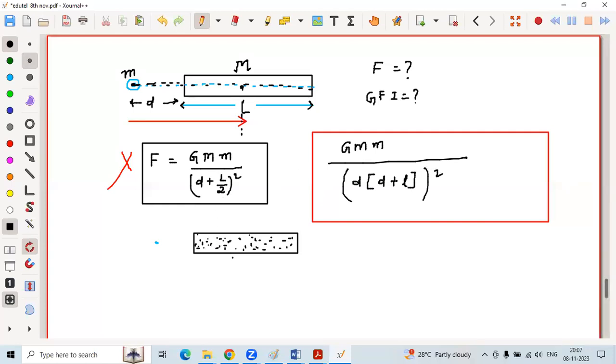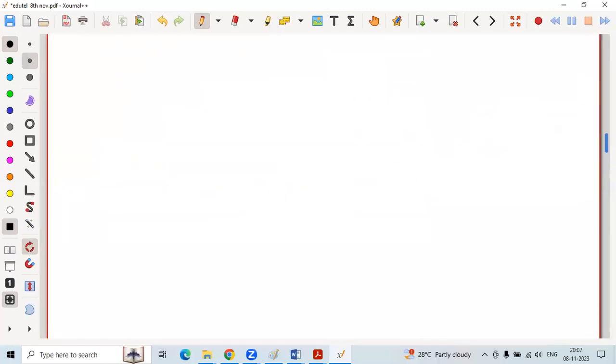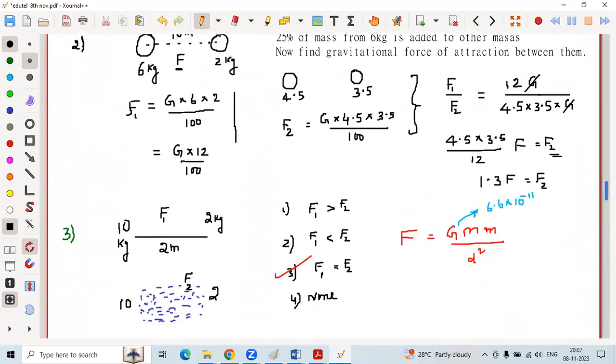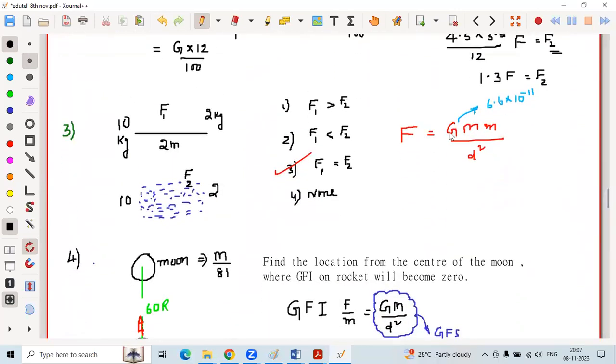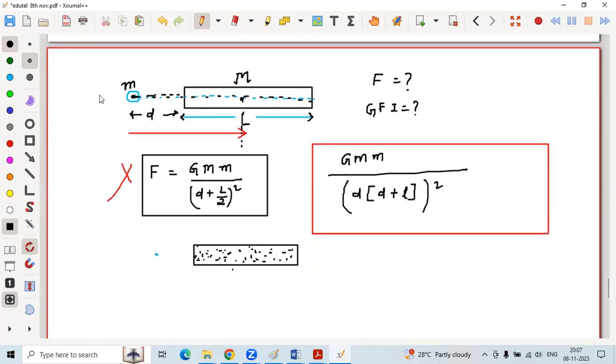Earlier I said force of gravitation F equals GMm by r square is applicable only for point masses. Even in this question, although a mass is mentioned, I take a point, and for a point the formula is correct. But this is not a point, it is a mass distribution and a point. So the interaction is between many points and a single point.